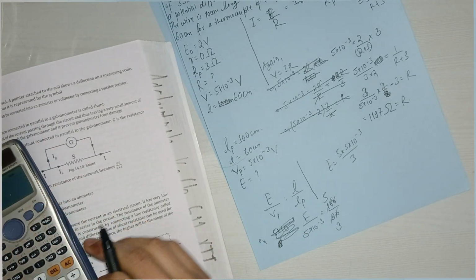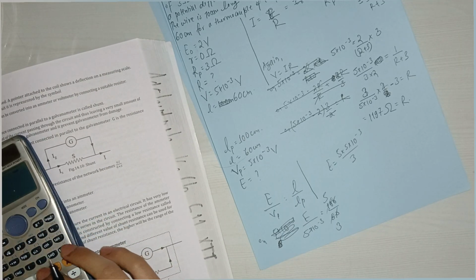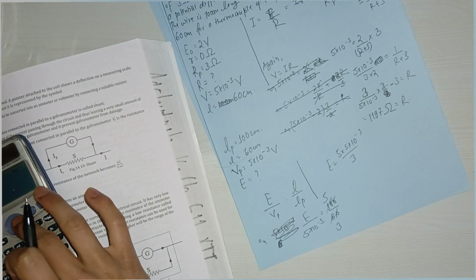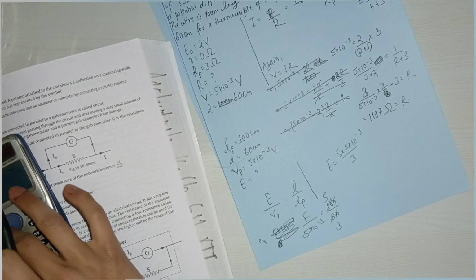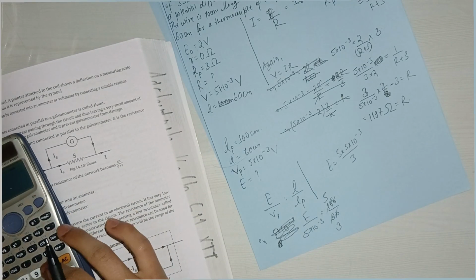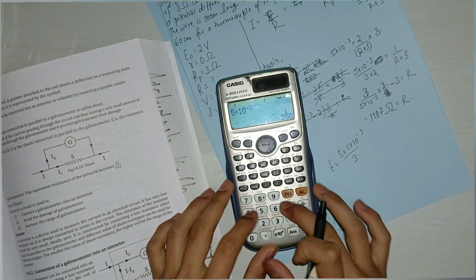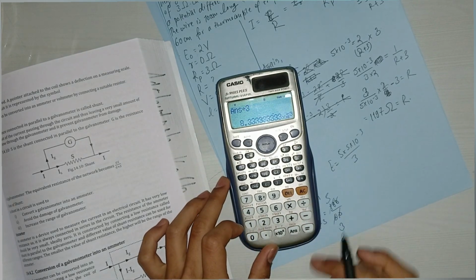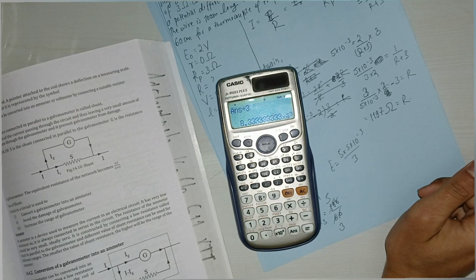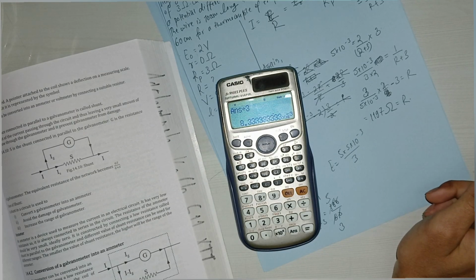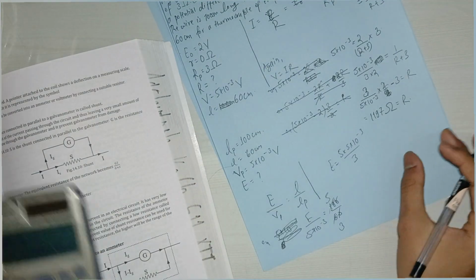So that will be 5 into 10 to the power minus 3 into 5 divided by 3. That will not be the answer actually. It should be 60 by 100.